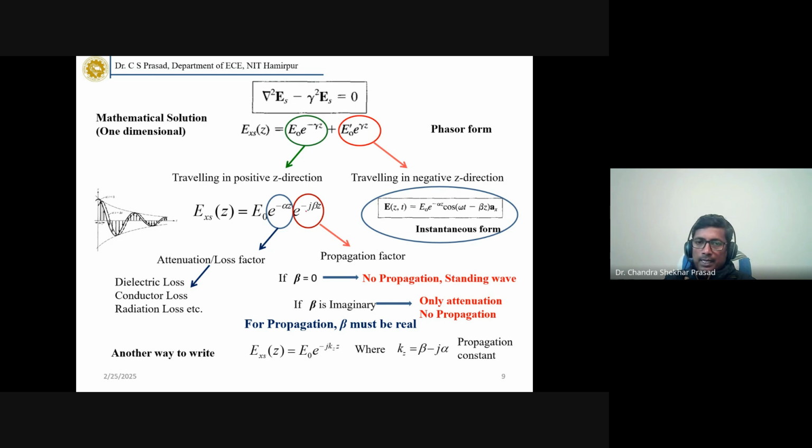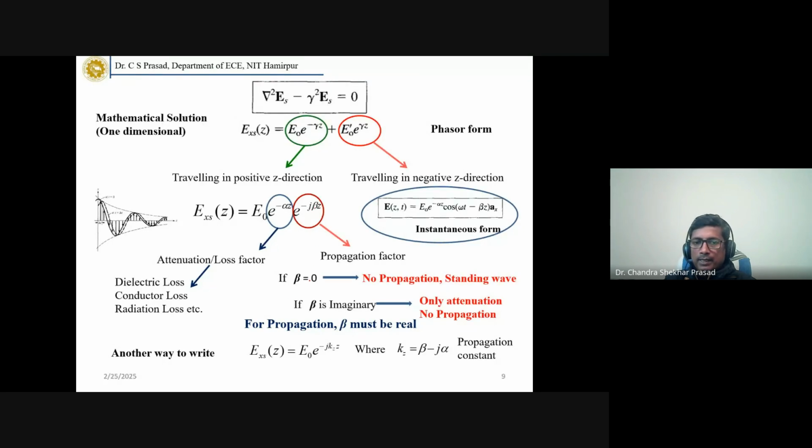Now see the second part, that is the propagation factor. If beta is 0, this part will vanish, and then this equation will not represent a propagating wave anymore. So to have a traveling wave, beta must be real.